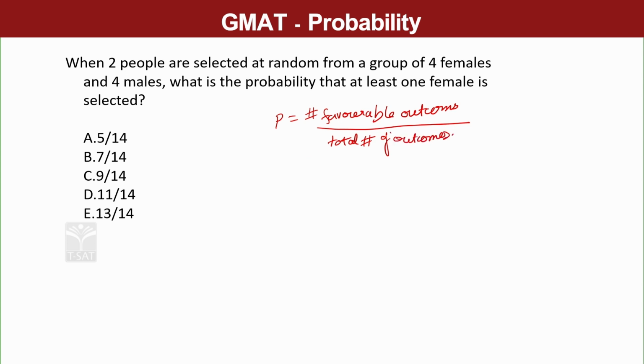The number of favorable outcomes is the total outcomes minus the outcomes when there is no female.